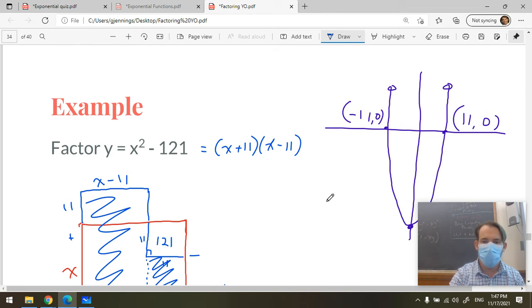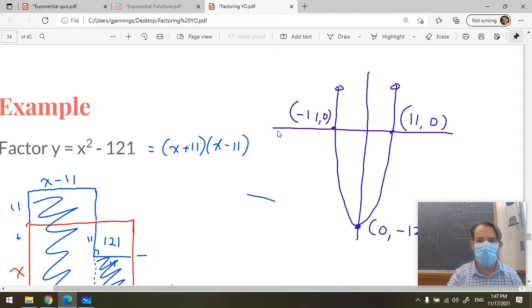Now let's take a look at our parabola over here. The y value of this parabola is the area of x squared minus 121. That y is equal to x squared minus 121. When x is between 11 and negative 11, it will have a negative area.